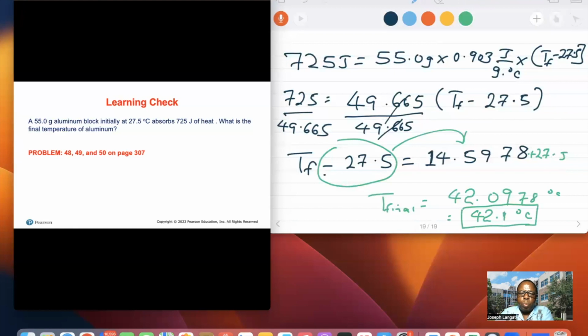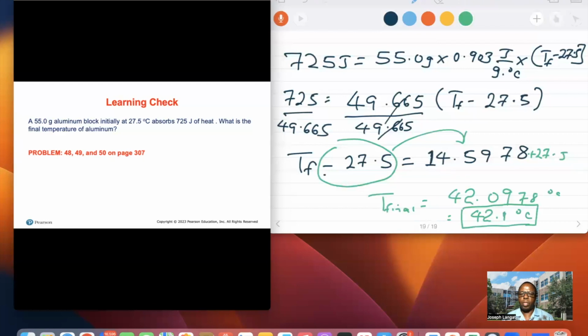I need you to practice with problems 48 and 49. I believe you have the answers at the back of the text. Problem 50 is on page 37. You will come across more practice in module 7 in ALEKS on quantifying heat. Feel free to use the table.